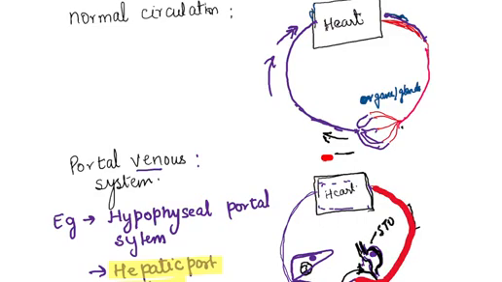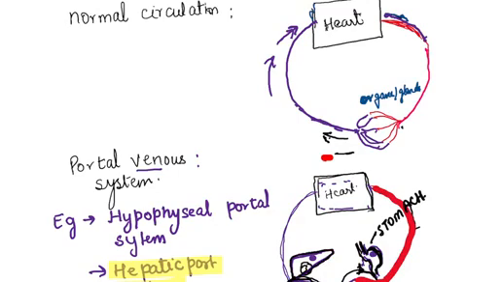This is the stomach. Now the blood from the stomach does not go directly via veins into the heart, but goes with the help of a vein into another set of capillaries which will take it to another organ, that is the liver.